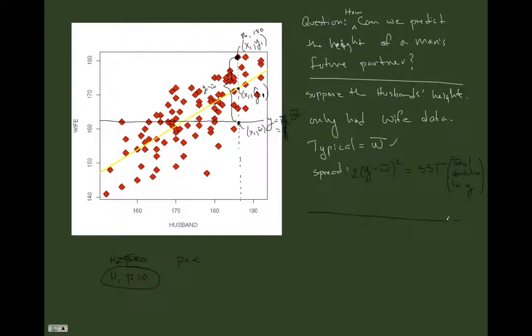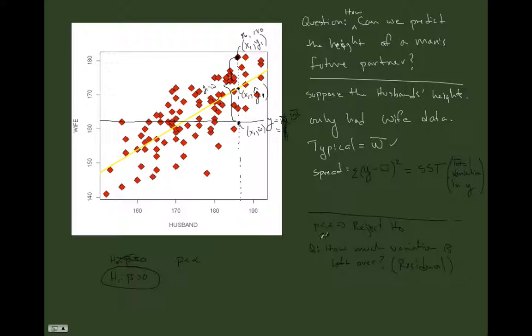But then we have a second part. If the p-value is small, we reject H naught, and then the question is, how much variation is left over? The stuff that's left over is called residual.